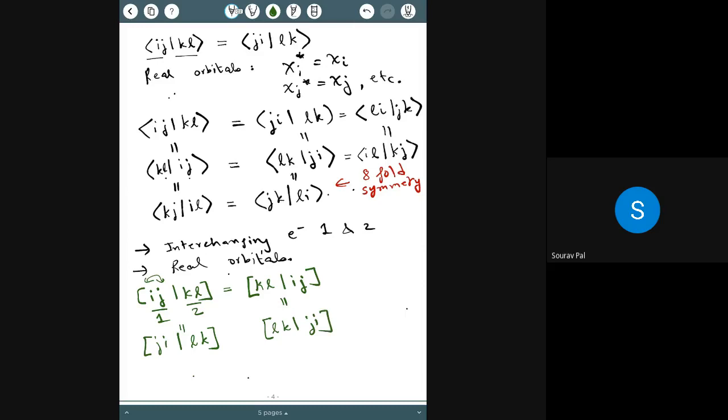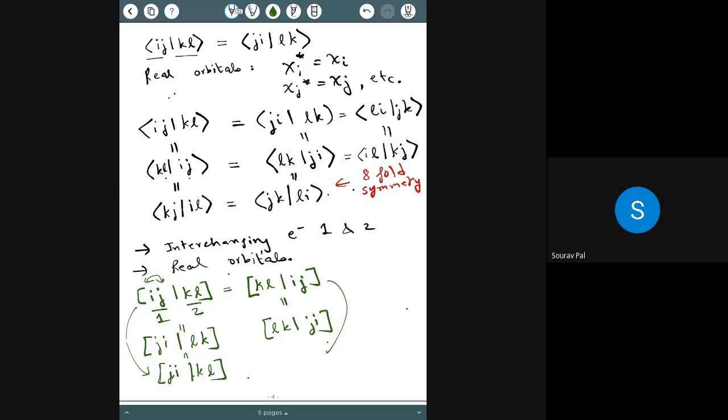And then I can interchange one, that is by realness of one pair of orbitals. Then I have JI. So I interchange one and I leave the other the same, KL.